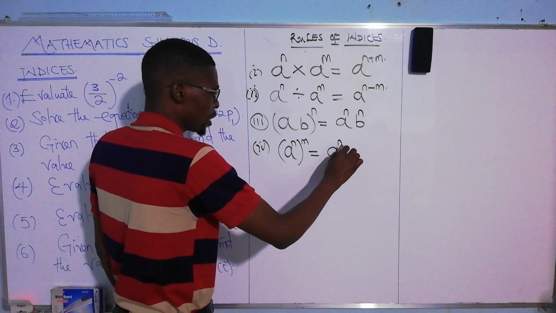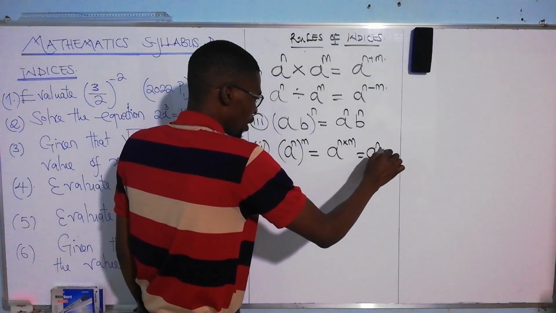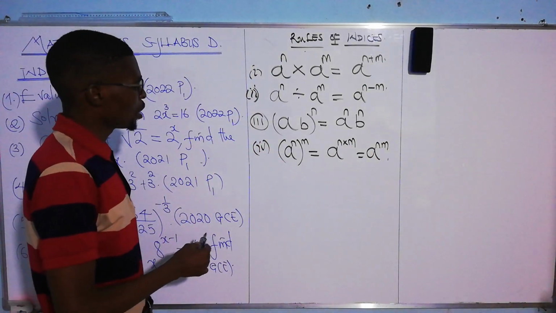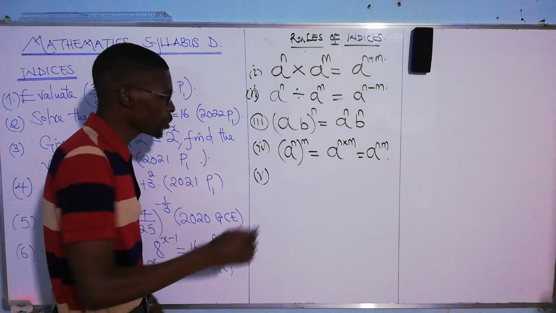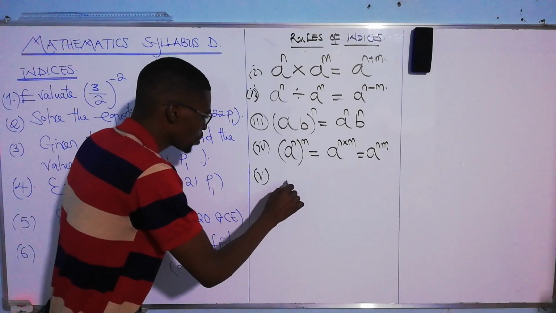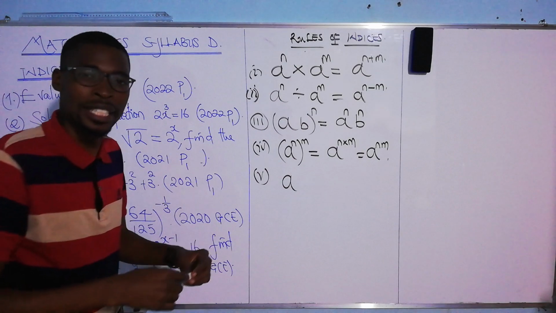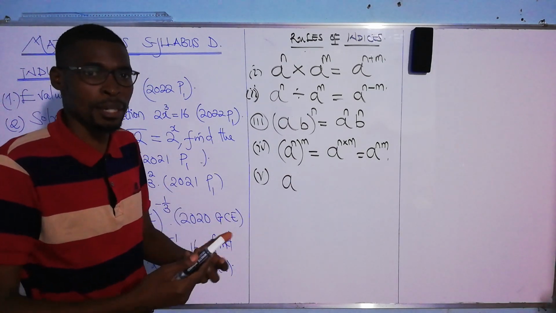So you have n times m, which will give you a to the power nm. Okay, so these are rules of indices. The fifth rule we can add on is the meaning of a fractional index. When the index is a fraction, what does that imply?